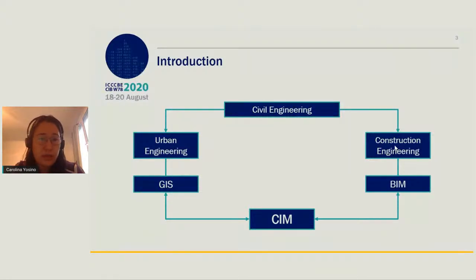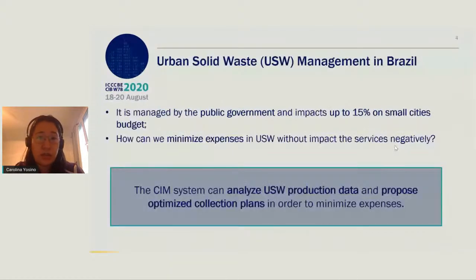Basically, solid waste collection in Brazil is a very expensive service that, if not well made, impacts health systems. So our proposal is to use CIM as a source to optimize collection quality and still reduce expenses.